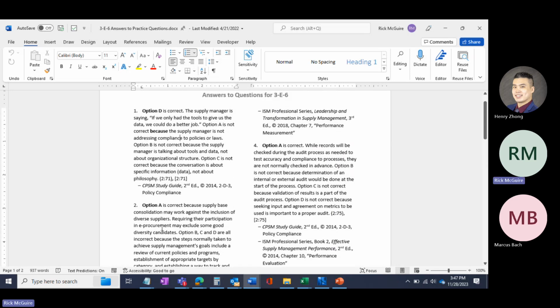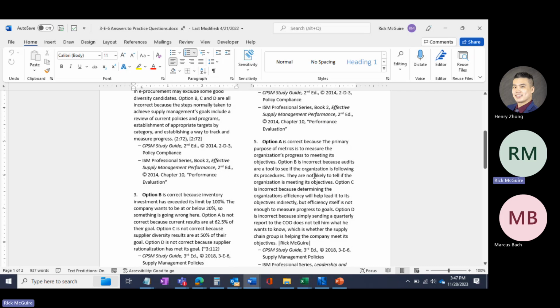Four is Alpha. While records will be checked during the audit process as needed to test accuracy and compliance to the processes, they are not normally checked in advance. Five is also Alpha. The primary purpose of metrics is to measure the organization's progress to meeting its objectives.